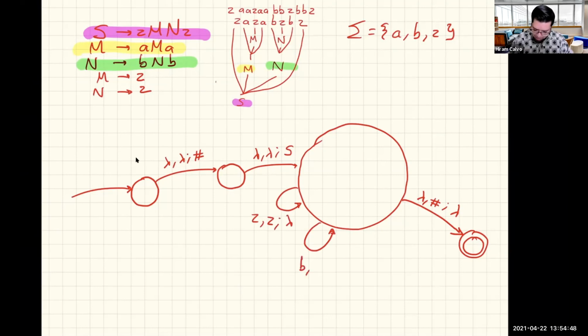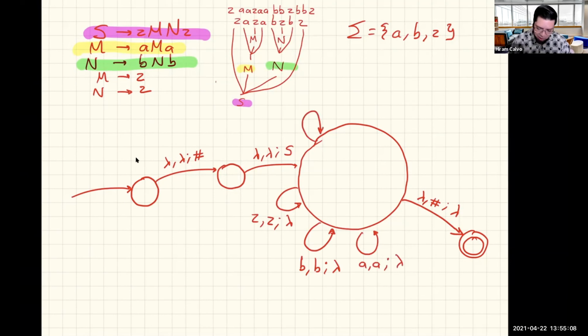If you have a B in the string, consume it, and also consume a B from the stack. And as you probably guessed, you will do the same for A. So it's very easy. That's why it's fun, because it's nice and you don't have to think.